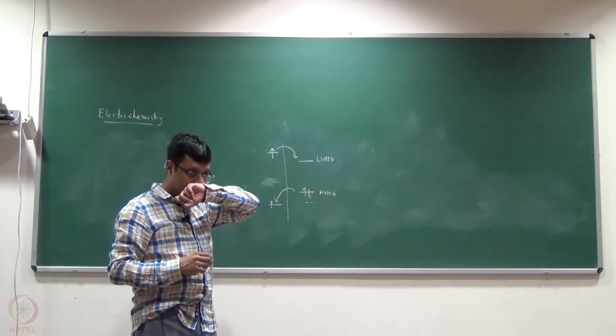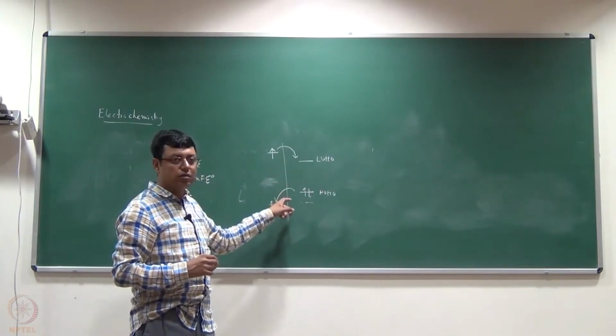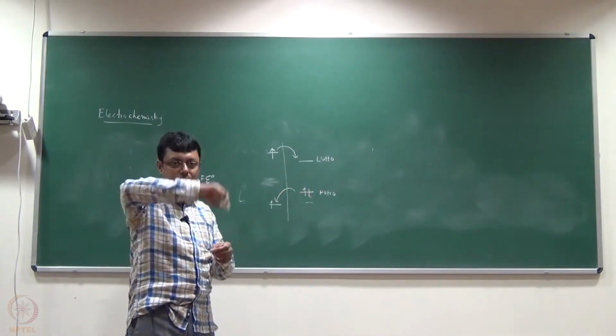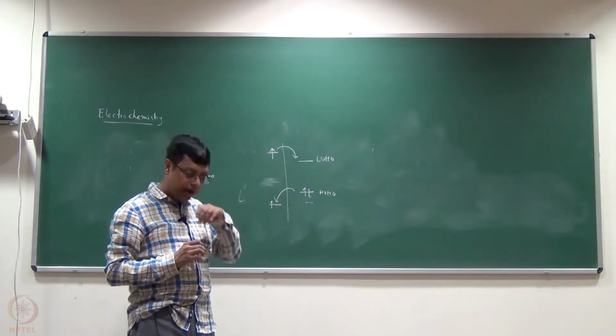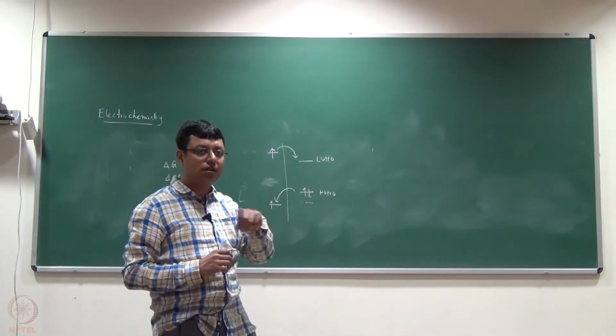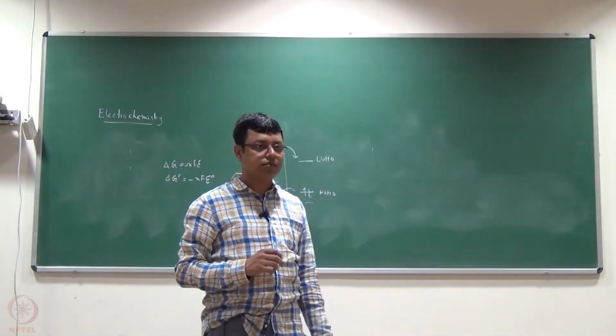Then, of course, once the electron transfer happens, the circuit gets completed, right? Then I will have a current flow. So all I'm looking at is how the current changes as I scan the potential.